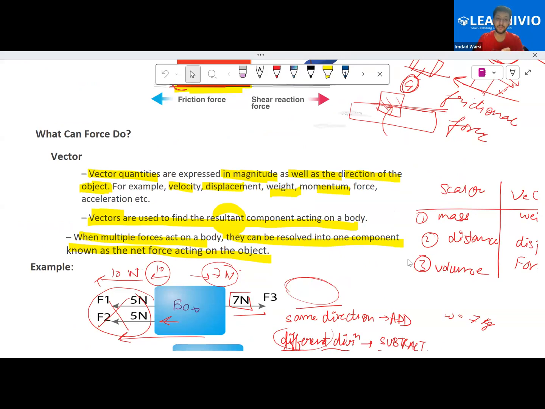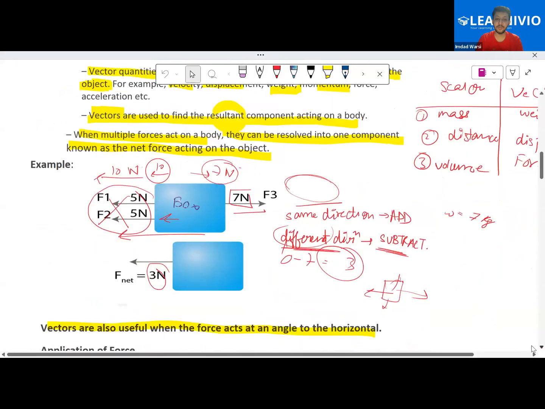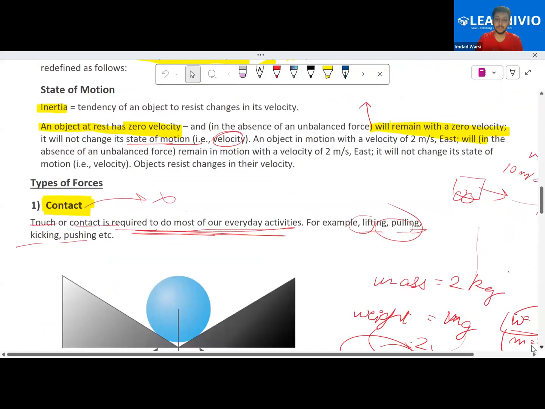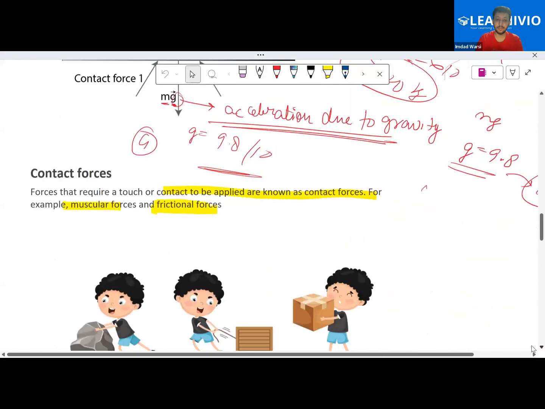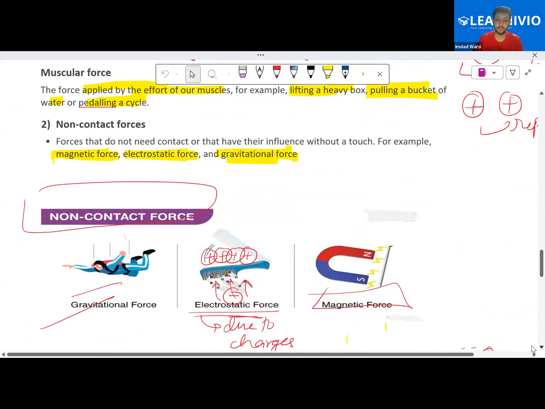Now you see your notes. You didn't revise, I feel. See here, don't scroll the copy. Non-contact forces, we have written only 3 examples: magnetic force, electrostatic force, and gravitational force. Even the diagrams are given. Contact forces, you can simply say push, pull, kick, friction, muscular force.